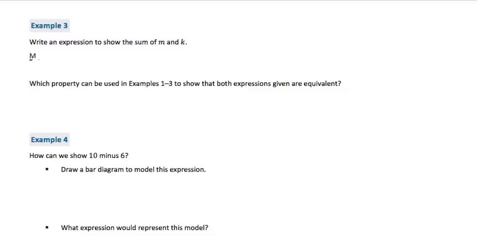So we could write m plus k or we could also write k plus m. And remember, the order doesn't matter because addition is commutative. Which property can be used to show that both expressions are equivalent? That is the commutative property of addition.